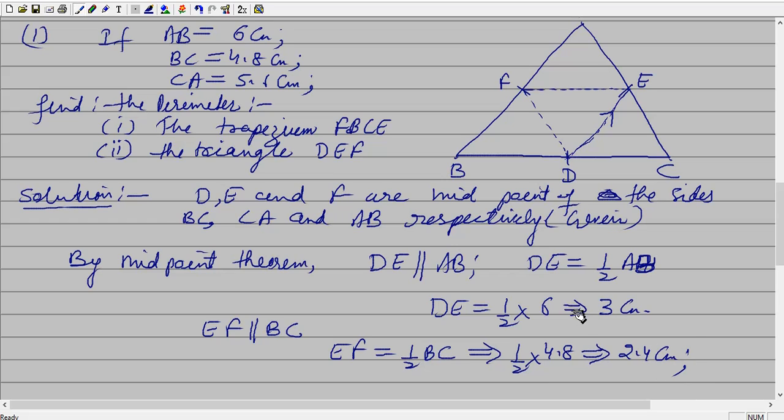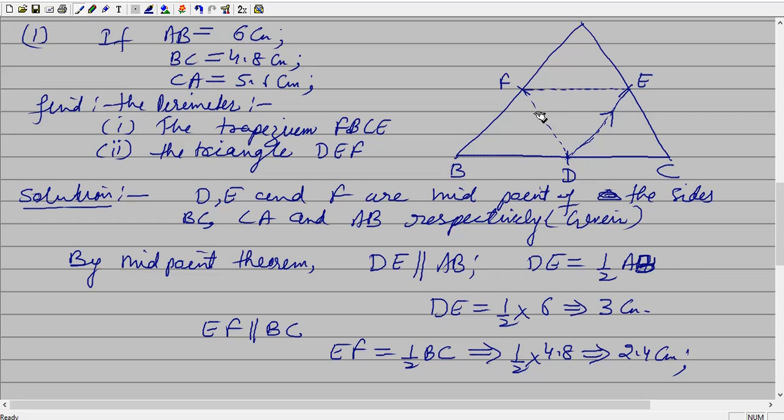I am using this symbol, 'implies that'. It means if you want to continue a line in a particular direction, you can use this. Because of scrolling, sometimes the figure shifts up above on this page, and it is tough to watch the sides. So I always use a single line statement using 'implies that'. So EF equals half BC implies half of 4.8 implies 2.4 centimeter.